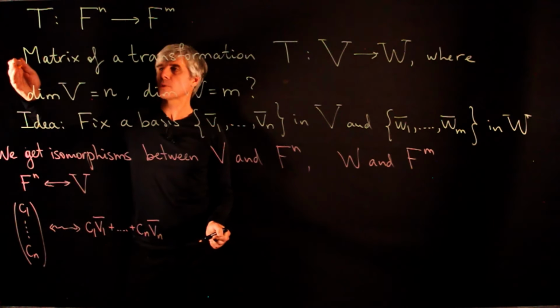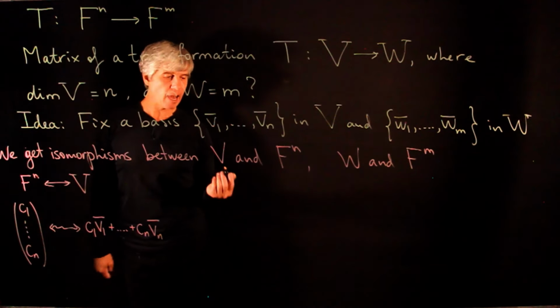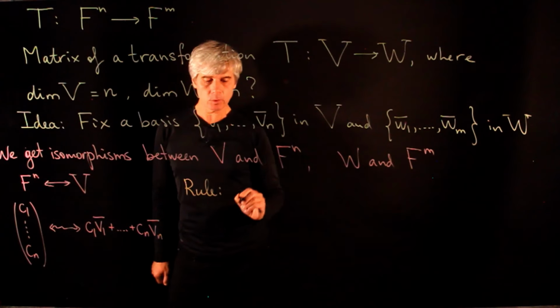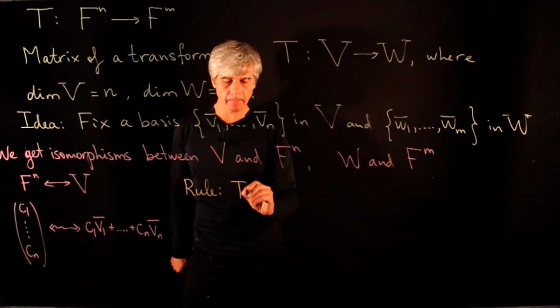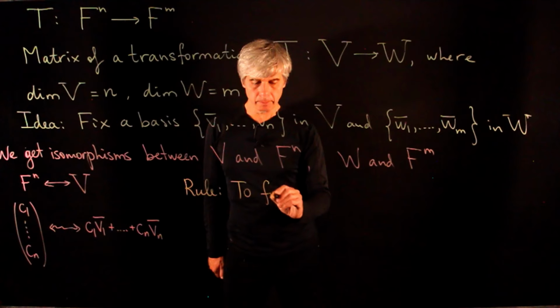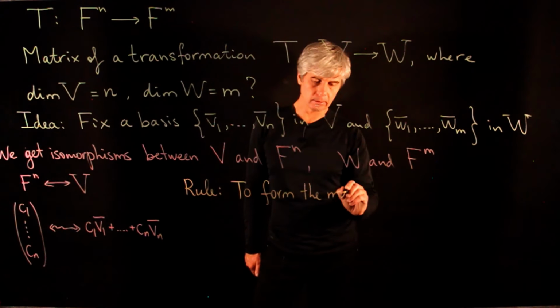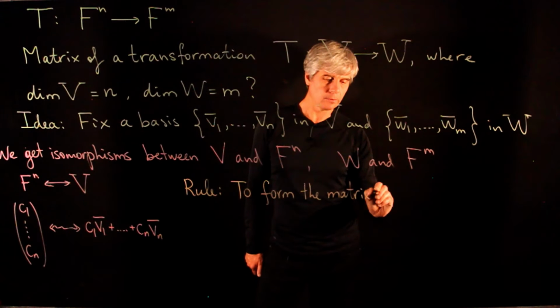Now, going back to the matrix of a transformation, our rule remains the same. What we have to do is form the matrix of T.